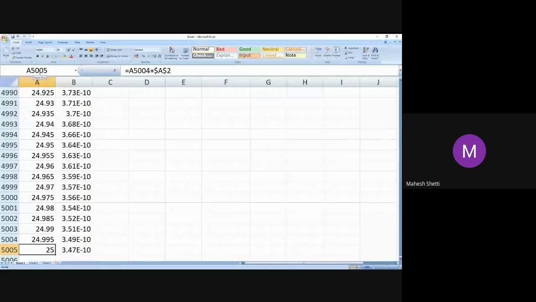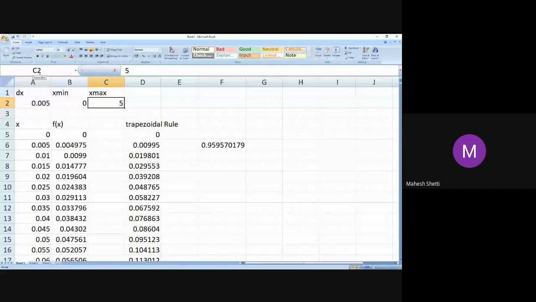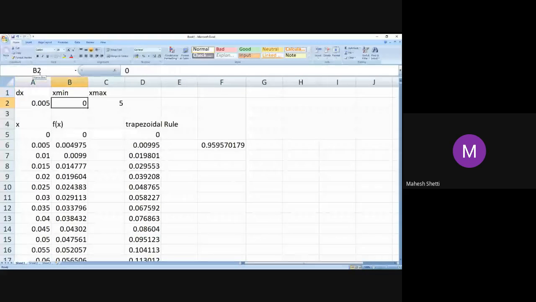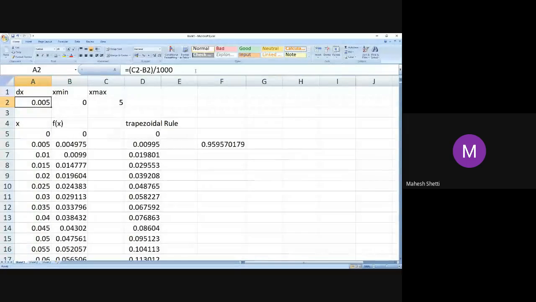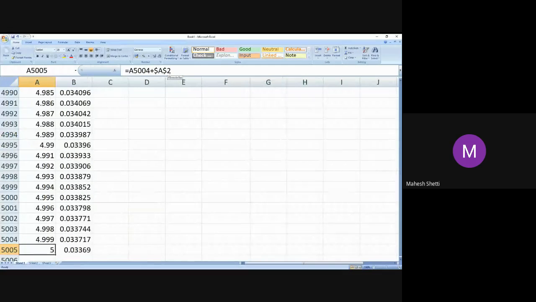And you see, I have gone to 5005, and now I am taking my interval from 0 to 5. My x max is still 5, right? Here I have to divide by 5000, not 1000. So when I do that, I'm going to get nice results.